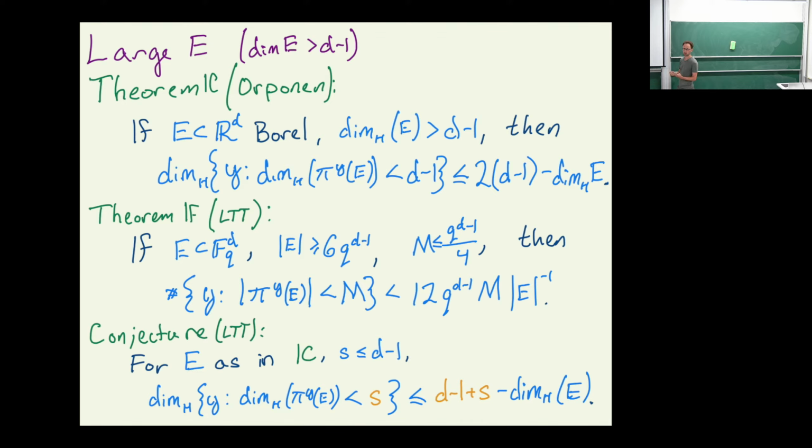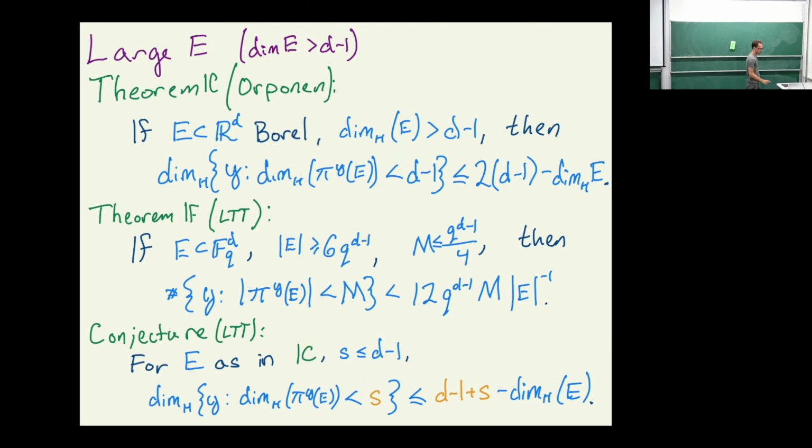We can consider a stronger constraint on the exceptional set and say, how large can the set be where our greater than d minus 1 dimensional set looks like an s-dimensional thing, where s here is at most d minus 1. So this is some generalization of the theorem of Orponen.